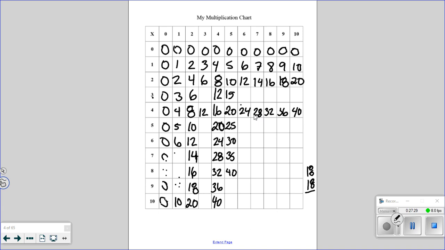Great strategy. Maverick, what about 5 times 9? I got something. 49. Not going to be 49, because I know if I'm skip counting by 5s, I'm never going to have a 9 in that 1's place.